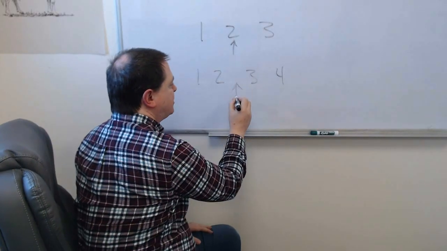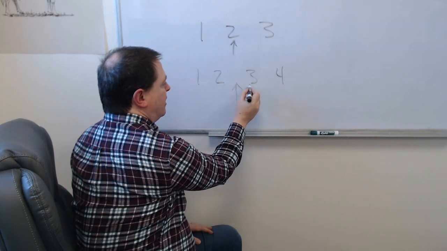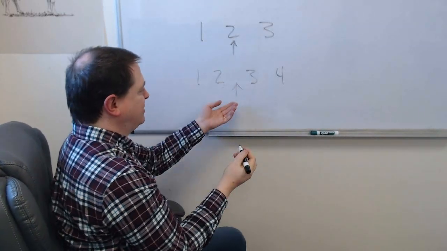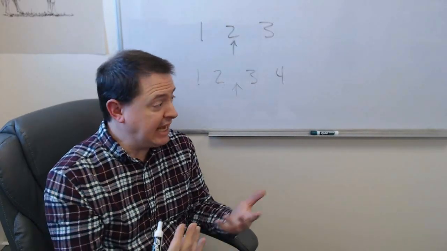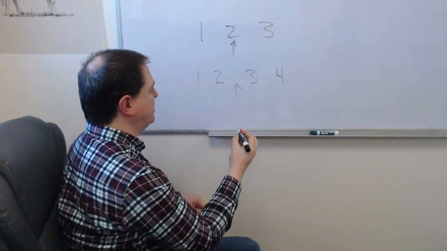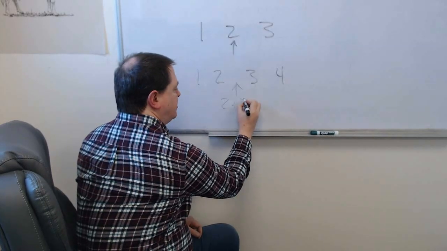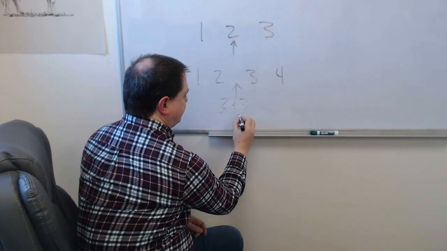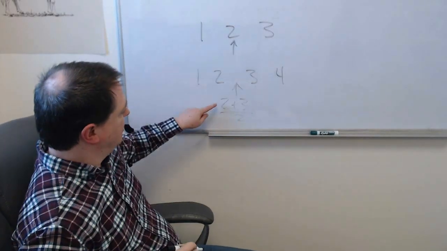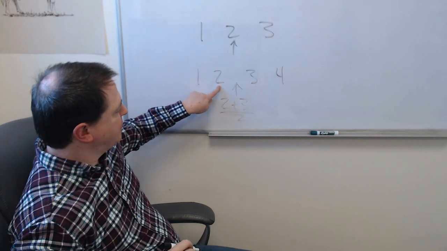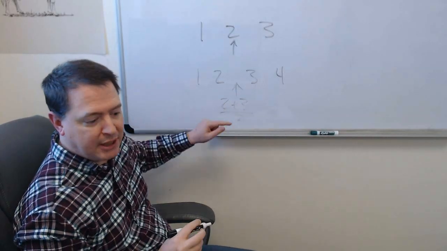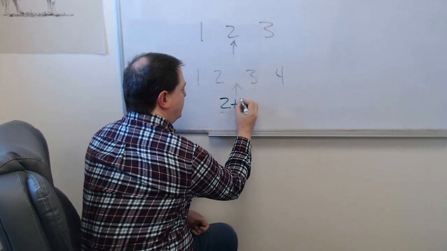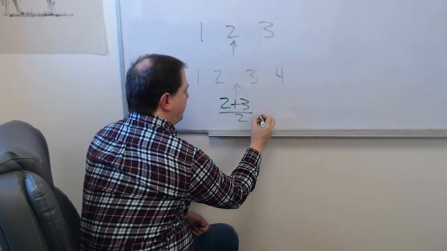Well, what I do is find the midpoint of these 2 middle numbers. It turns out that the average of 2 numbers is the midpoint. So what I actually do here is I take my 2 and my 3 and I average them. That's 2 plus 3, divided by 2.